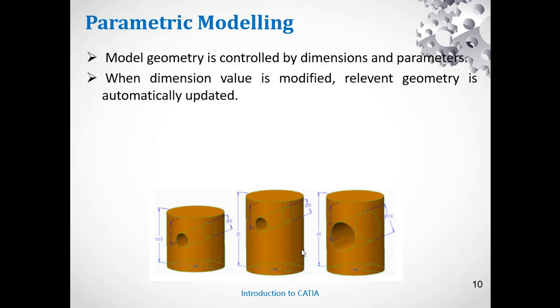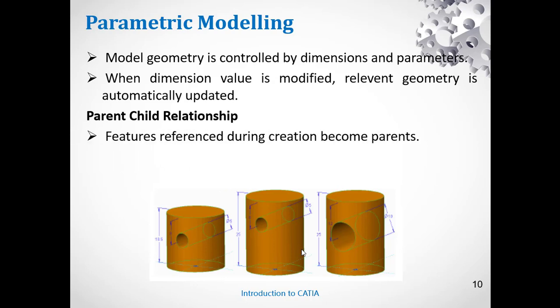The same term is actually referred to as parent-child relationship. What happens is a feature referenced during creation becomes parent. So in this case, the hole of 5 diameter is a child feature and its parent feature is the cylinder which you have created.